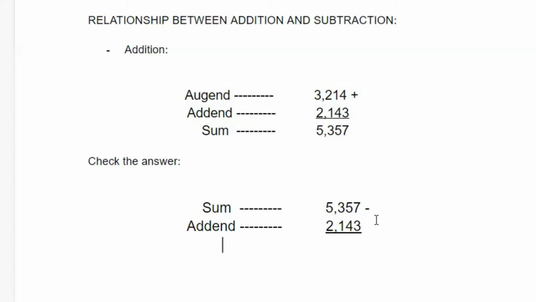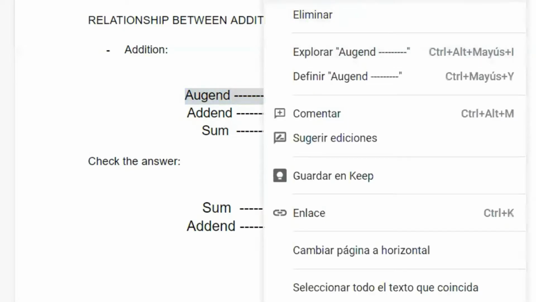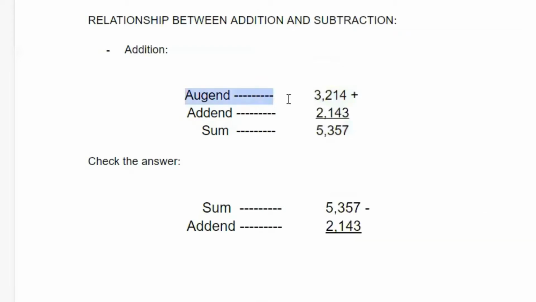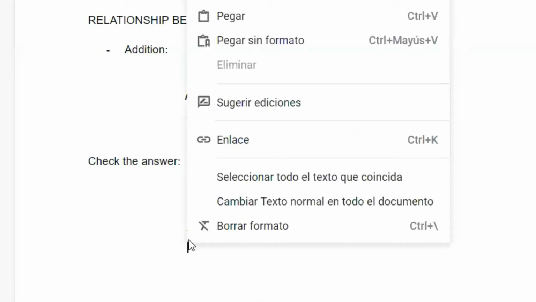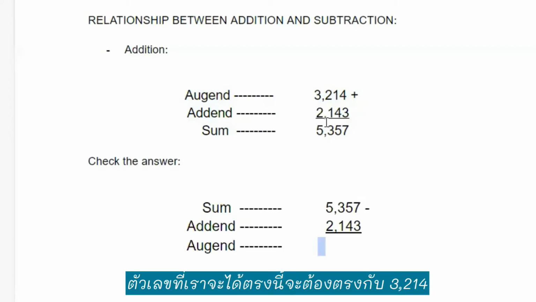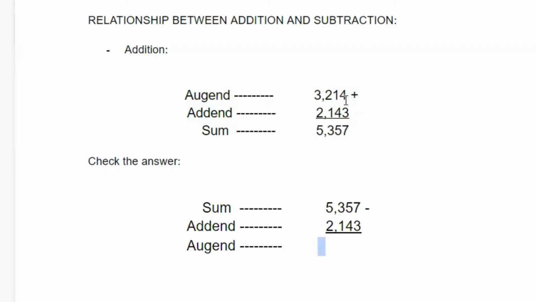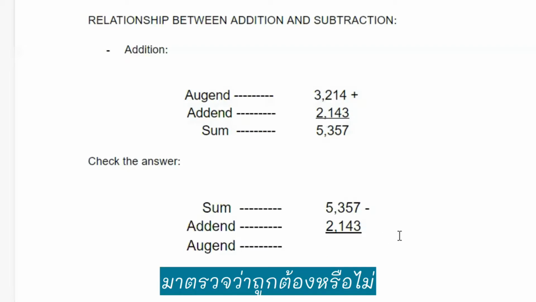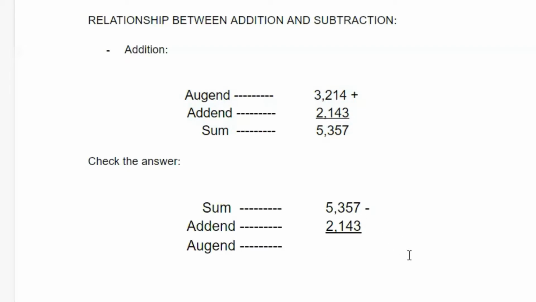So now we can do this subtraction and we have to get the augend as the answer of the subtraction, or the difference. This number that we're going to get here should be 3,214. Let's check if that's correct or not.